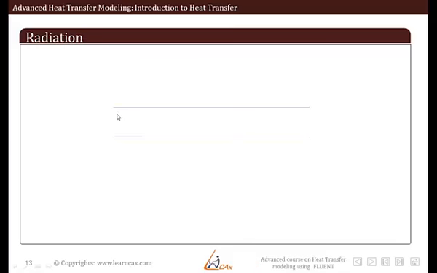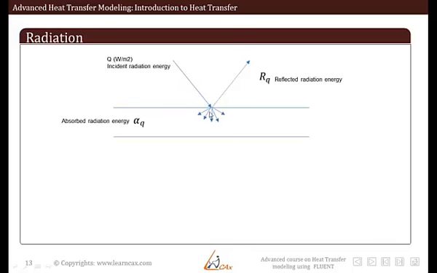An example here is, let's say we have a body of particular thickness, and Q is the incident radiation on this surface. Some of the energy, RQ, is reflected from the surface. Some energy is absorbed by the surface, which is αQ, and some energy is transmitted through the surface and moves ahead of it, which is referred to as transmitted radiation energy, τQ.